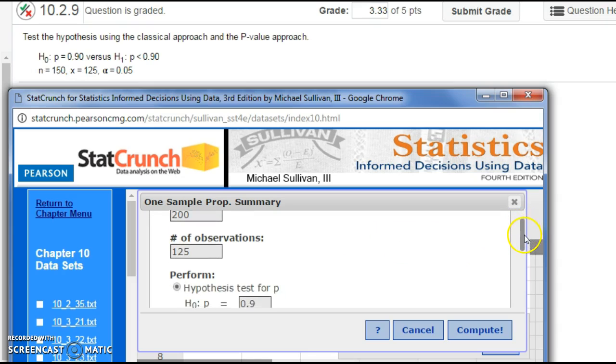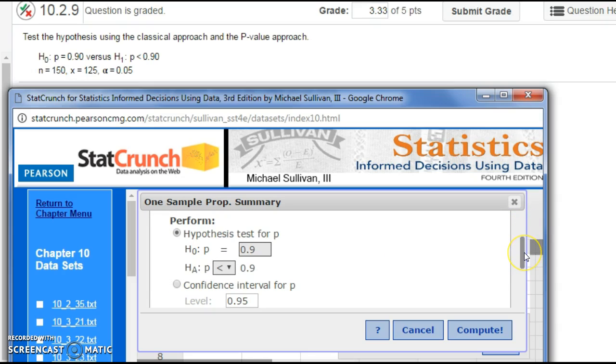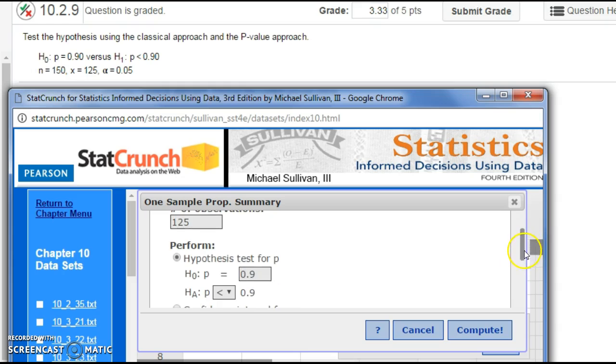There are always those rare samples that produce something like that, but there's also the chance that the reason our sample is so much under 90% is because the proportion really isn't 90%. It's actually less than that for the population, and we need to reject our null hypothesis. So that's the whole idea behind the hypothesis test.